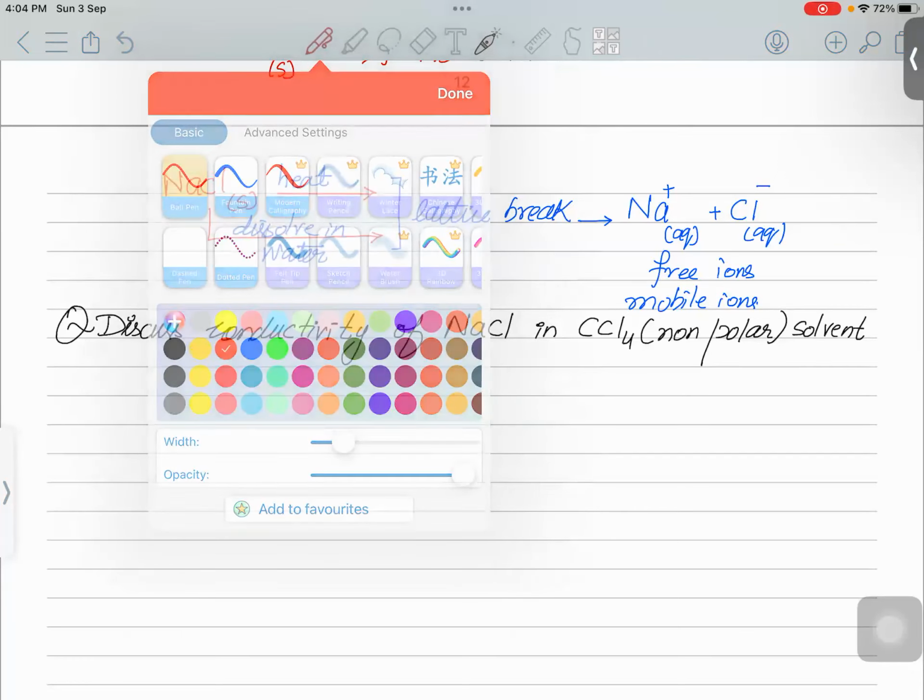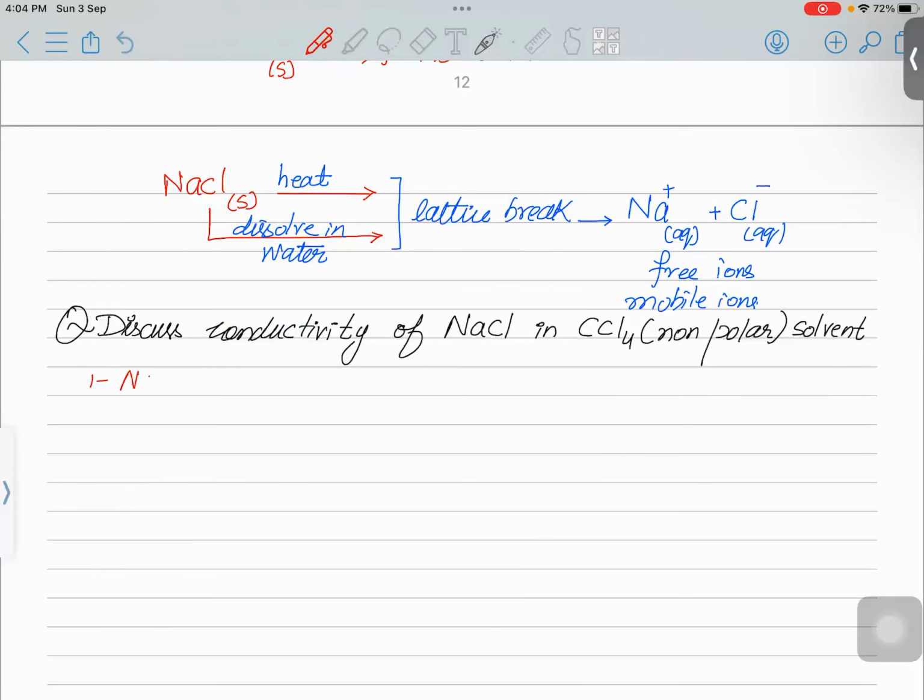Okay. So first is no conductivity. Why? Because the lattice remains stable in non-polar.